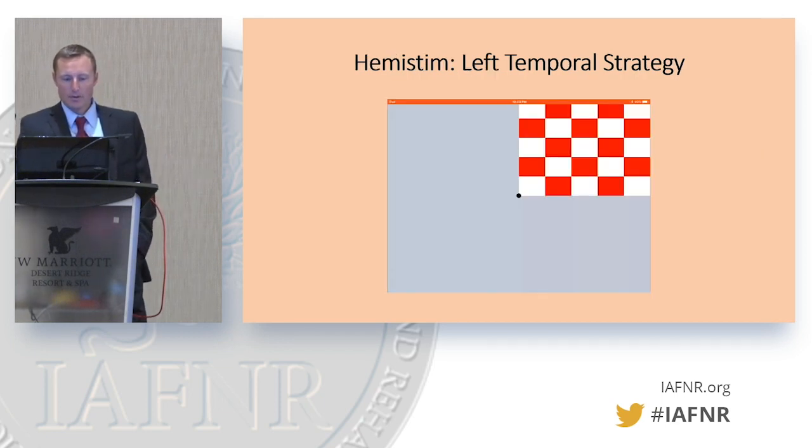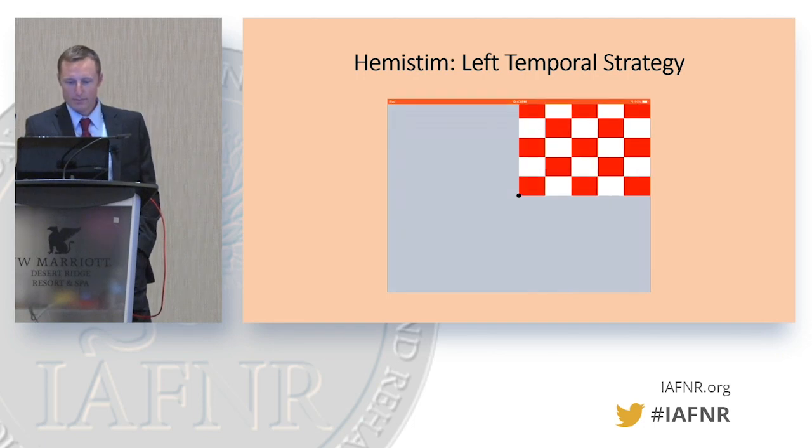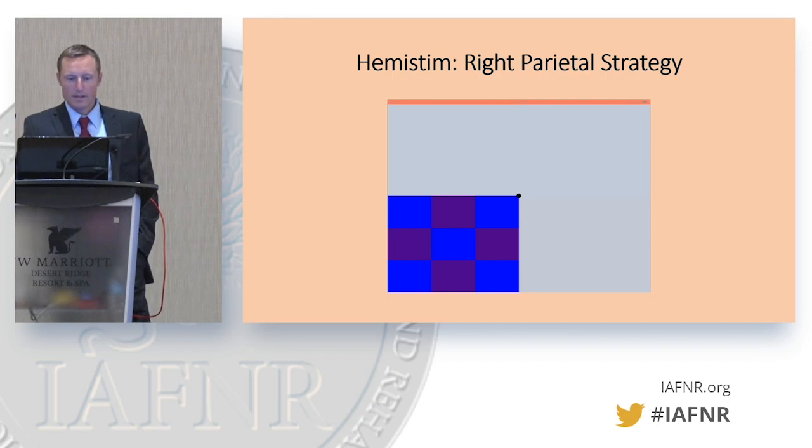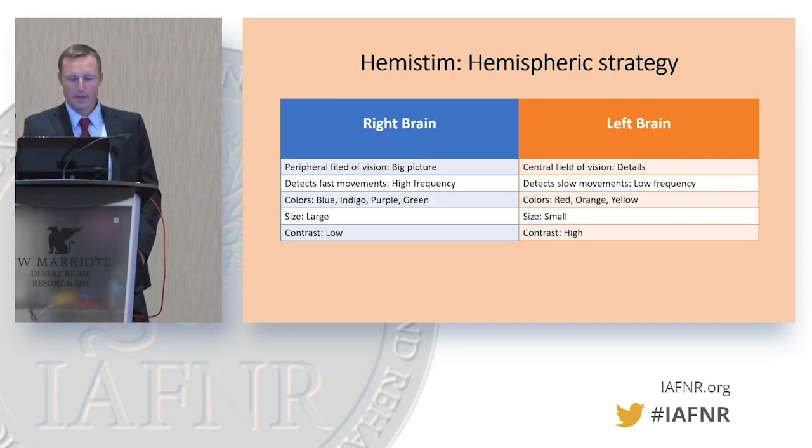This is an example of a left temporal strategy. This is an example of a right parietal lobe strategy. See the blinking is a little faster, the squares are a little bit larger, the colors are different, lower field of view.